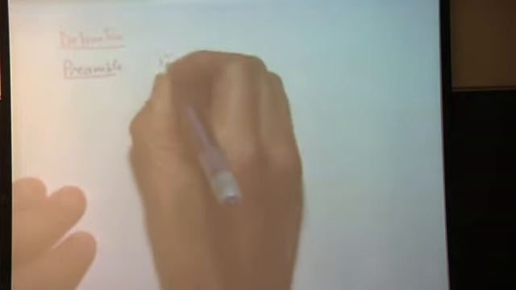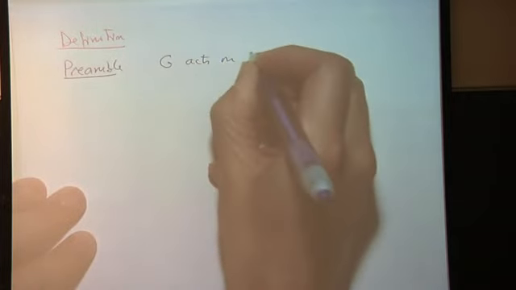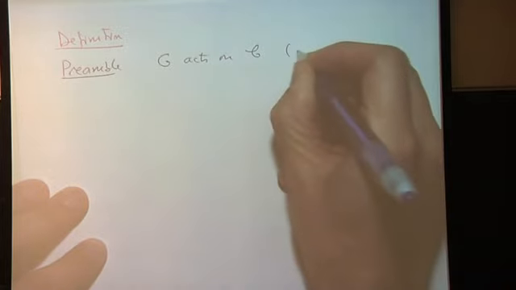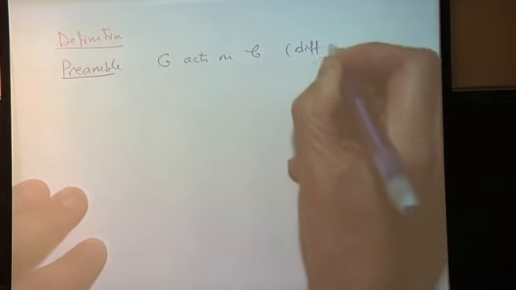So actually there's a preamble to the definition. So the preamble is that G acts on the category C, and it acts at least differentiably, so we can talk about the Lie algebra.